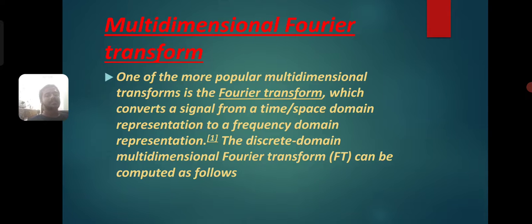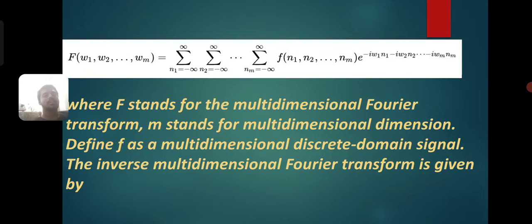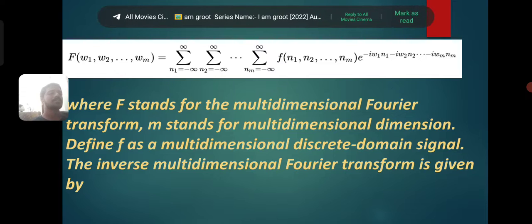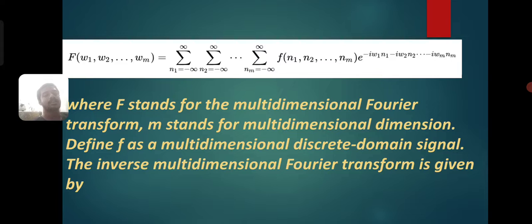The discrete domain multidimensional Fourier transform can be computed as follows, and the formula is F(w1, w2, ..., wm) equals the summation over n1 equals minus infinity to infinity, the limits being minus infinity to infinity, of f(n1, n2, ..., nm) e to the power minus i w1 n1 minus i w2 n2 minus ... minus i wm nm, where F stands for the multidimensional Fourier transform and m stands for the multidimensional dimension.